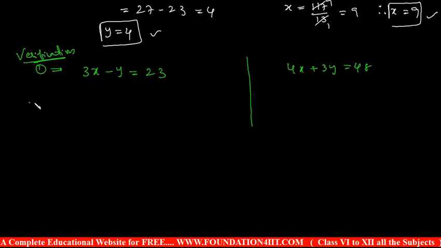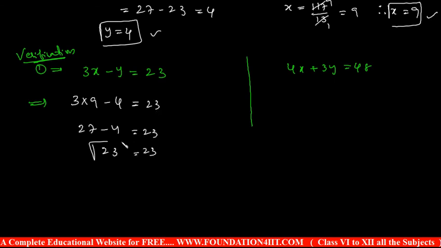Let us check this and find out if the solution is right or wrong. That means 9 comma 4 should satisfy this equation. x is 9, so 3 into 9 minus the y value, which is 4. 3 nines are 27, minus 4 is 23. Yes, the right-hand side is also 23.